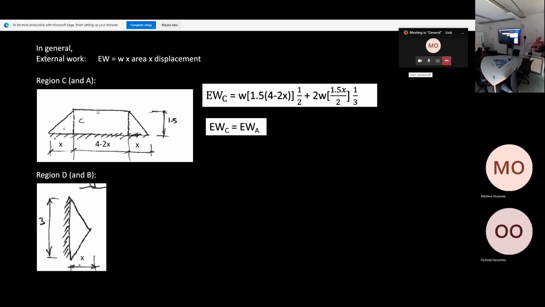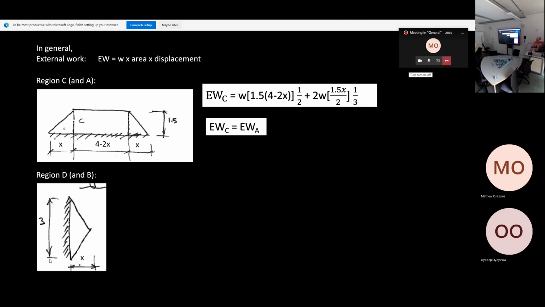Is that clear? And the same for the triangle. If the displacement here is 1, the displacement there is 1/3, a third, because the centroid of the triangle is at 1/3. All right?